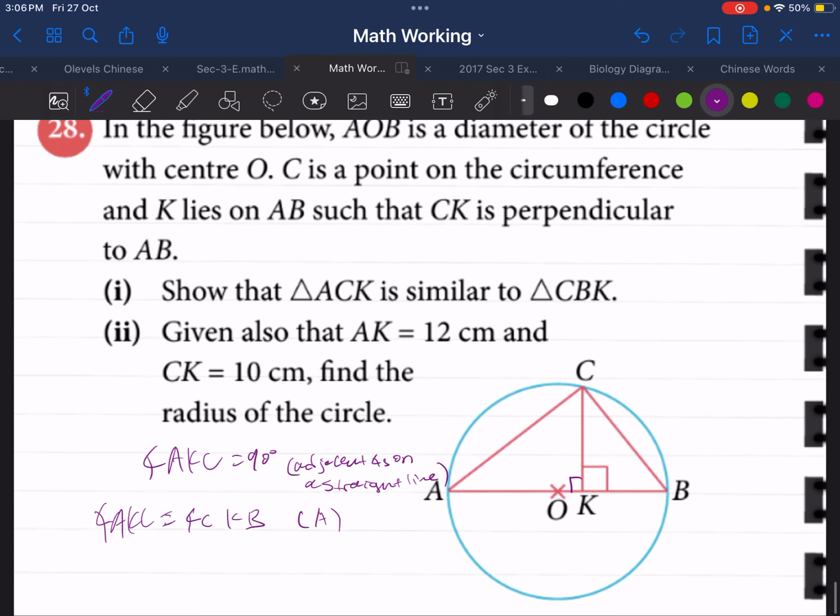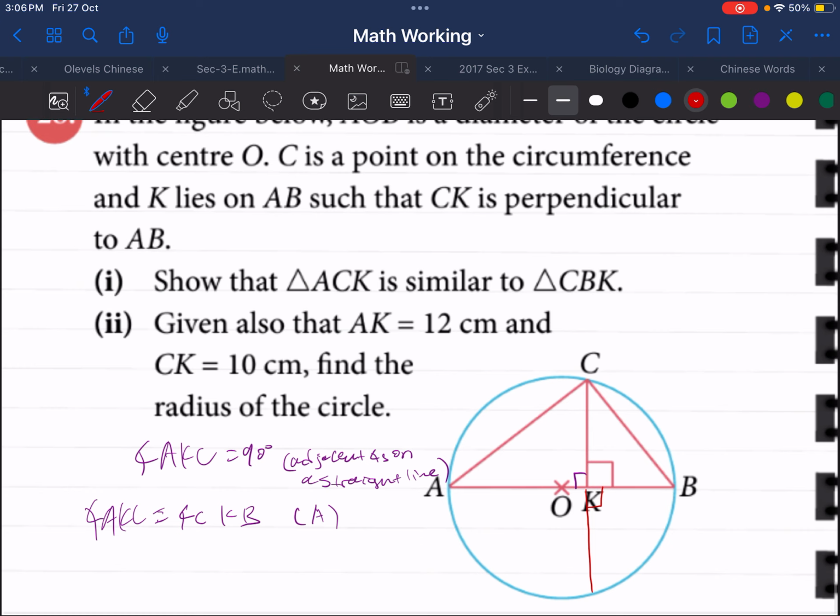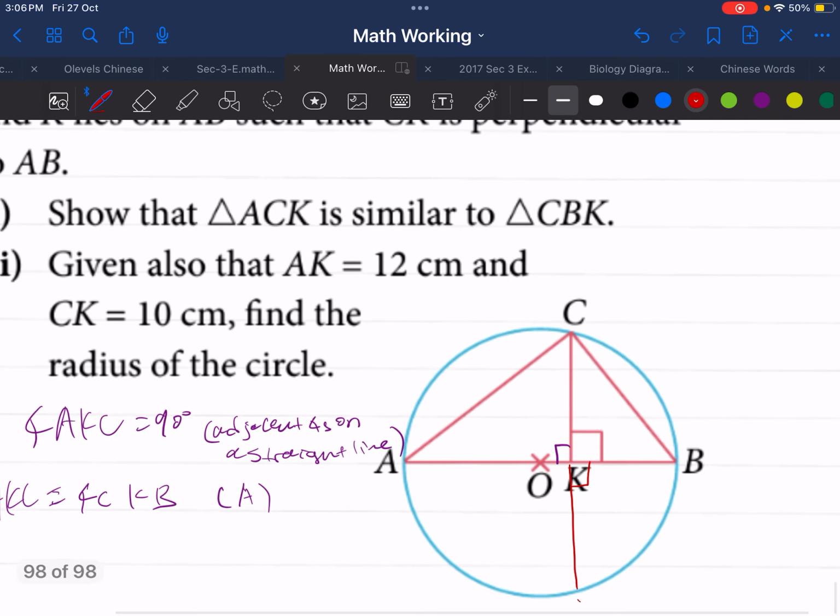So extend CK. You can draw it on the paper and your examiner will mark it by the paper. Let's extend it such that this is also like that, and label this as D.